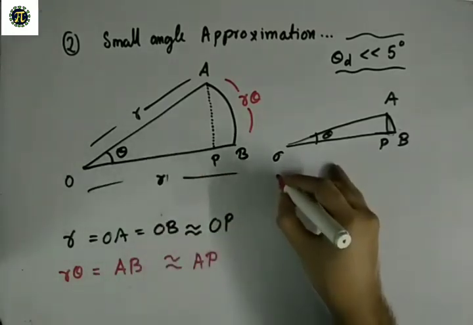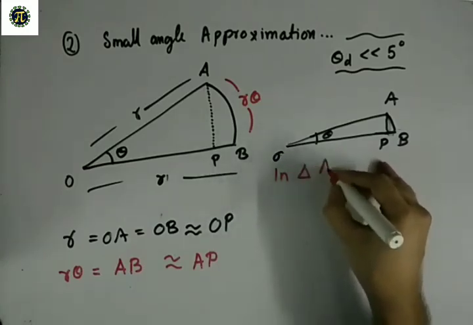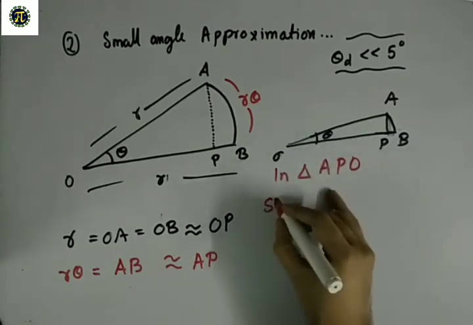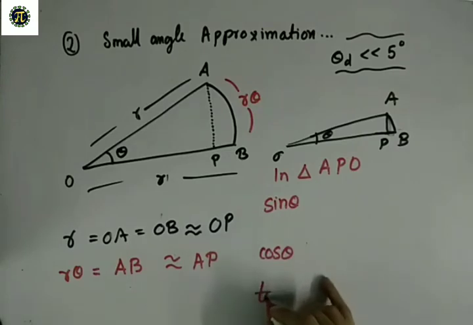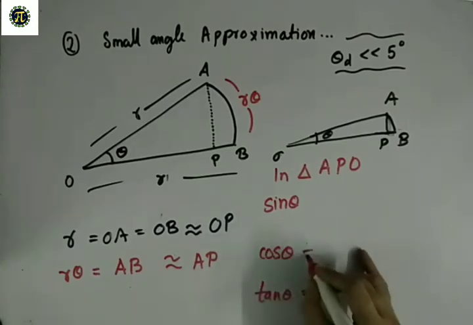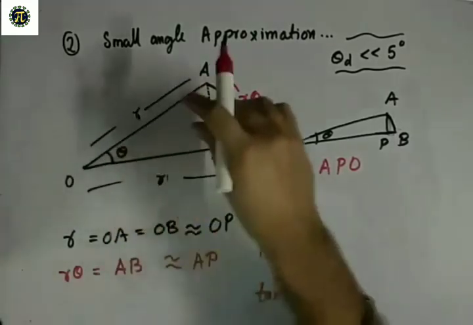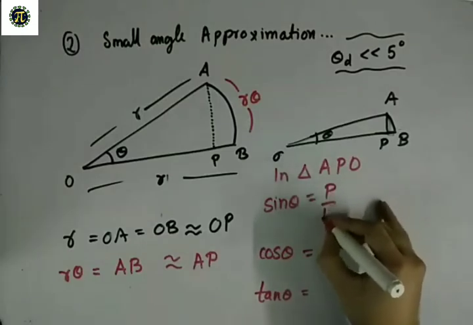So what is small angle approximation? Let's try to find the value of sine theta, cos theta, and tan theta in triangle APO. Sine theta in this triangle, with respect to theta, AP is the perpendicular. So sine theta is perpendicular by hypotenuse.